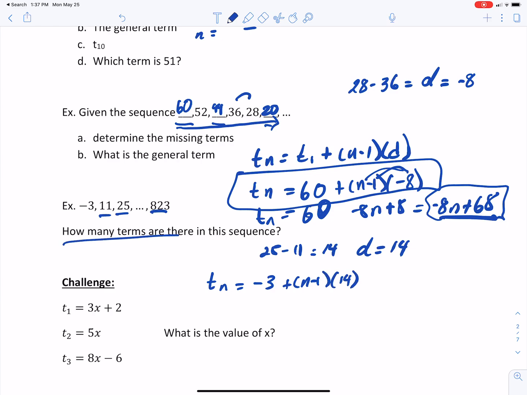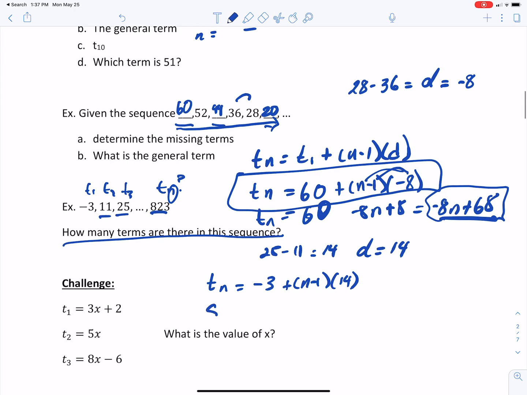And so how many terms are there in the sequence is really asking, this is term 1, this is term 2, this is term 3, this is term n. What is n? So similar to that other problem we did, I'm going to put the 823 here. And I'm going to add 3. So I'm going to get 826 is 14 times n minus 1.